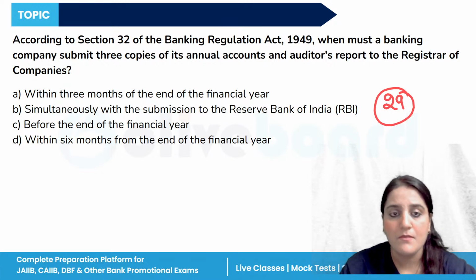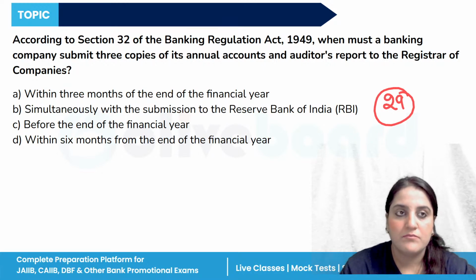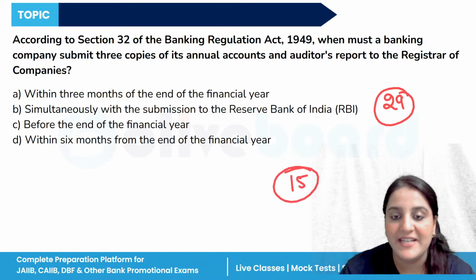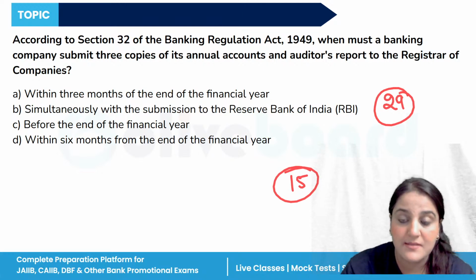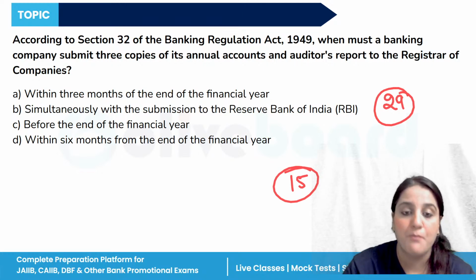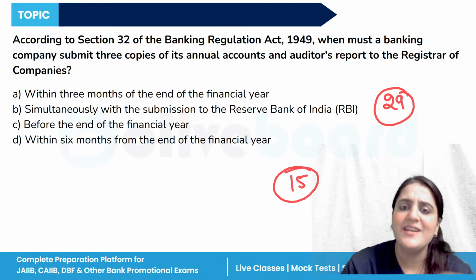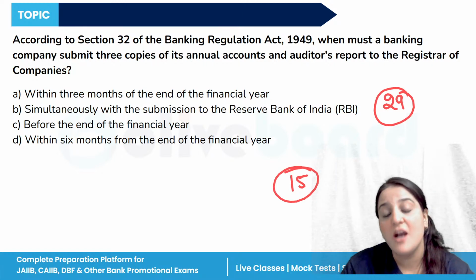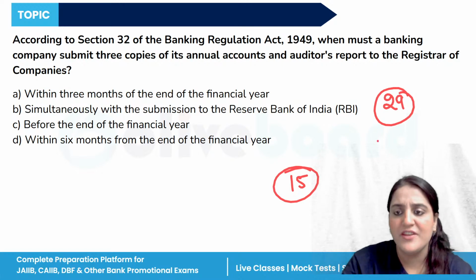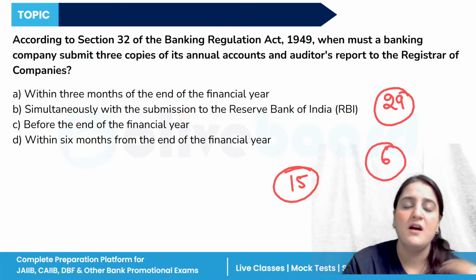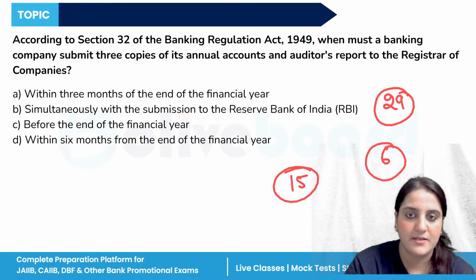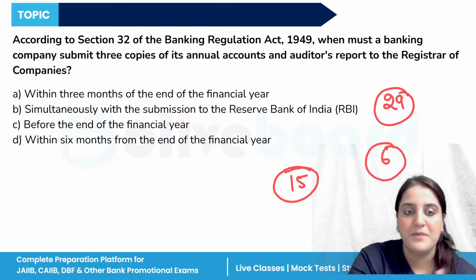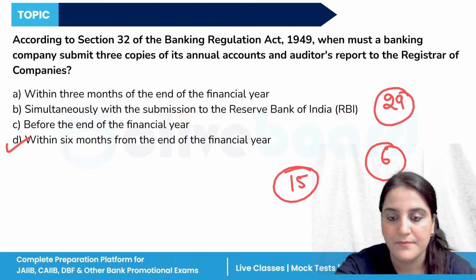And Rule 15 of the Banking Regulation Rules 1949 prescribes that accounts and the auditor's report shall be published in a newspaper circulating in the place where the banking company has its principal office within 6 months from the end of the period to which they relate. So within 6 months from the end of the financial period is the correct answer here.